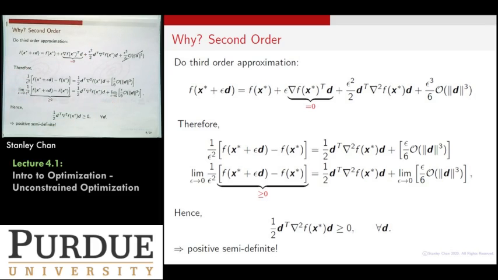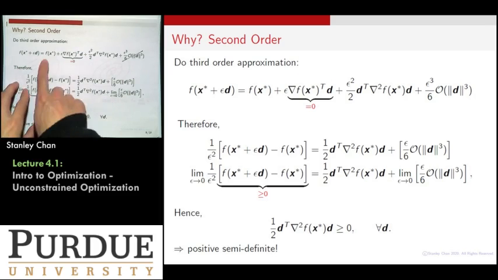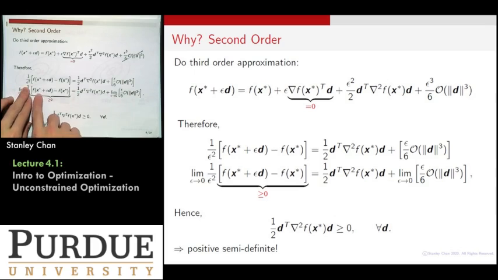And then you do the exact same thing as what we did before. You rearrange the terms, and then you look at this directional derivative. Since x star is the minimizer, any point that is different from the minimizer will have a higher cost value, and so it has to be positive. No matter what d you choose, it has to be positive. On the right-hand side of this equation, you have d transpose the Hessian times d.